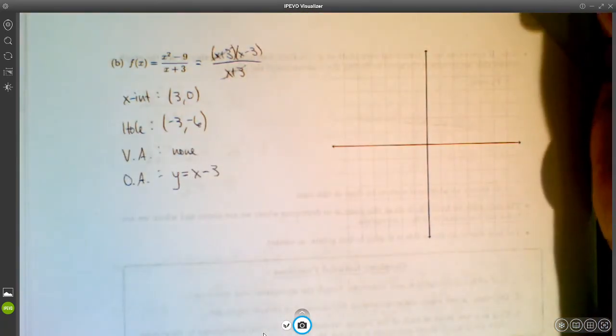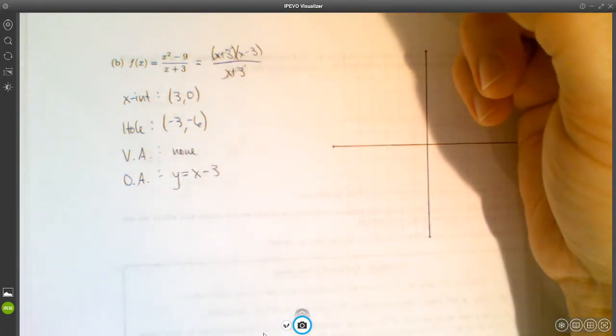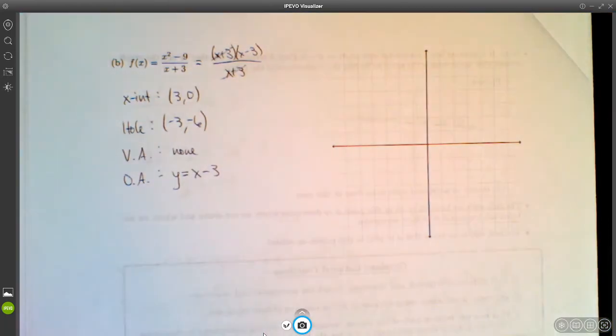I could ask myself whether or not this graph crosses its oblique asymptote. Do I need to do that, or can I get out of doing that work? Well, let's just do it. It's going to be quick, right?